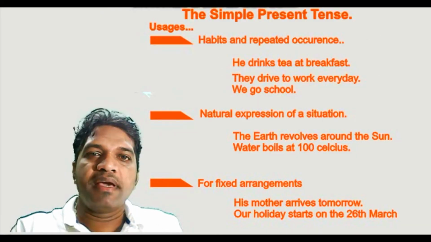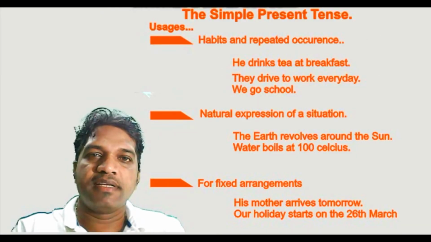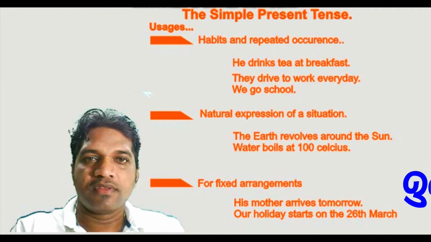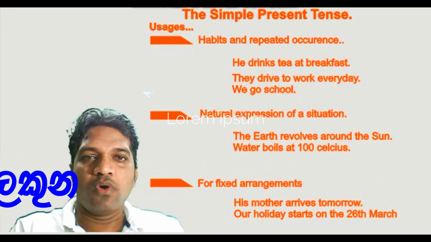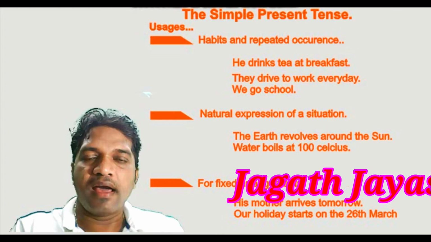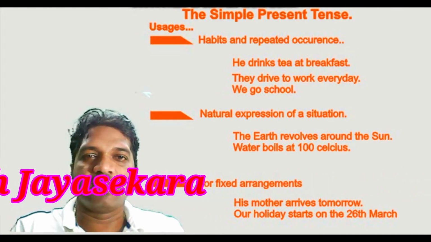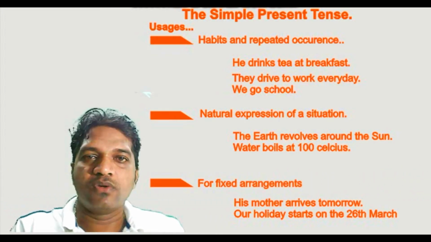When we make sentences in the simple present tense, we want to know what are the places that we can use this simple present tense. In English there are 20 tenses, and all these 20 tenses have different uses. So here I am going to teach you the places where we use the simple present tense.